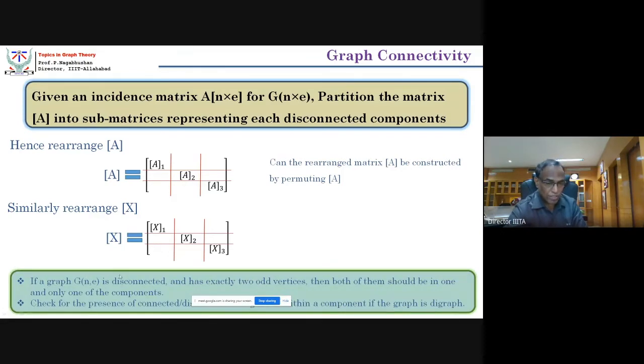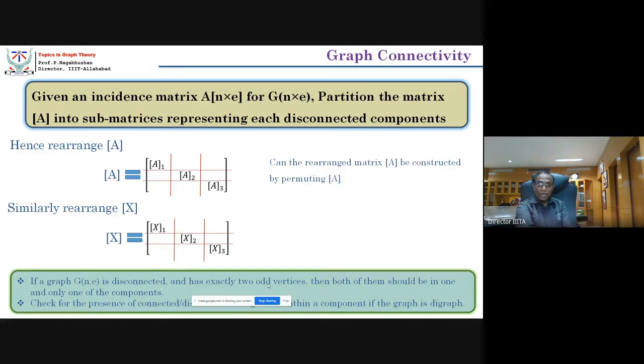If a graph G(N,E) is disconnected and has exactly 2 odd vertices, both the odd vertices have got to be in the same component, isn't it? Because every component is a graph by itself, and you recall the theorem that tells that the number of odd degree vertices is always even.